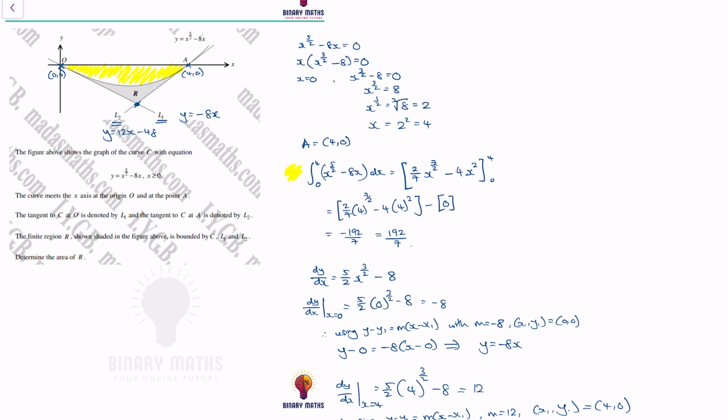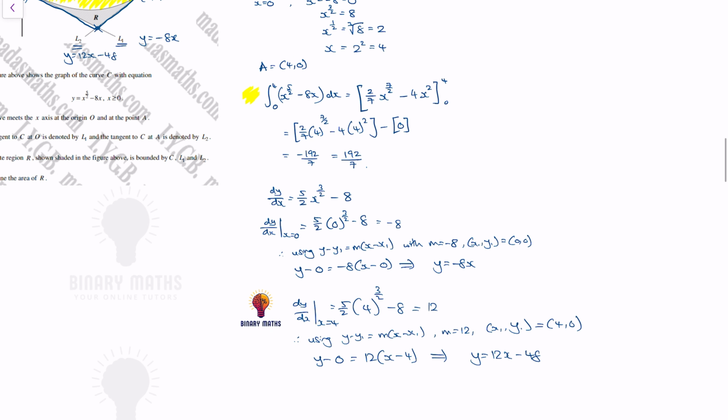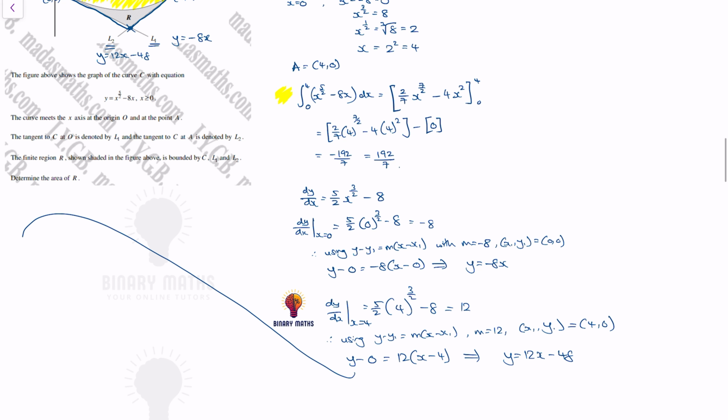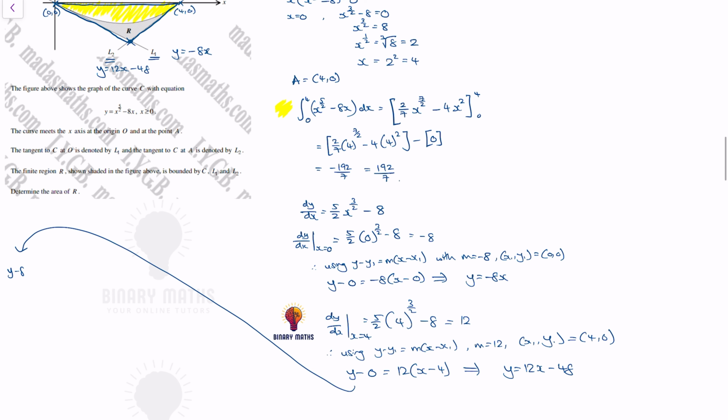Now I need to find the point where they intersect, because I'm trying to find the area of the triangle. So I need to find first the point where they intersect. Okay, that means I need to solve it simultaneously. So y is equal to negative 8x and y is equal to 12x minus 48.